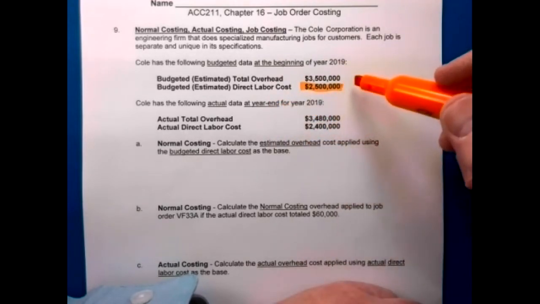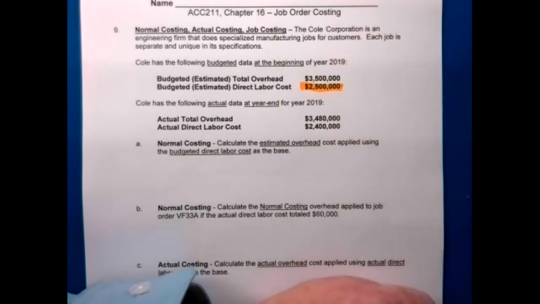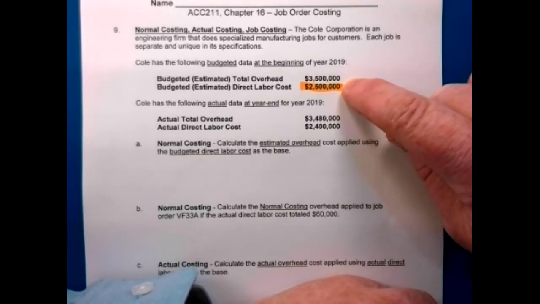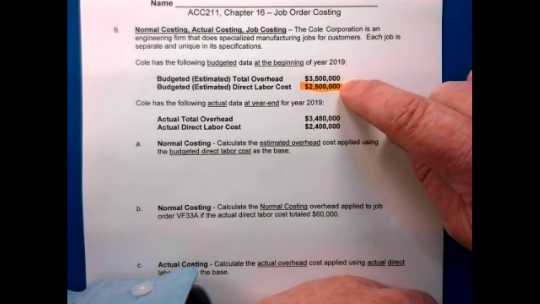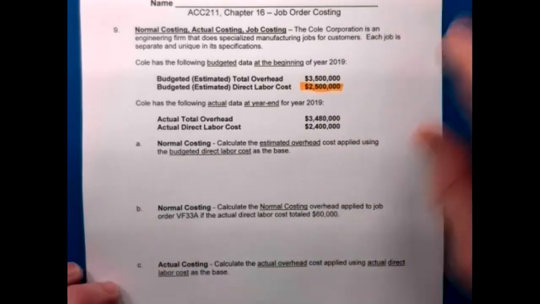It may be direct labor cost. And the reason for doing that is sometimes the cost is higher because of overtime and things like that. And sometimes those create more overhead. So sometimes it makes sense to allocate it based on the direct labor cost rather than, say, the direct labor hours. The process is exactly the same.